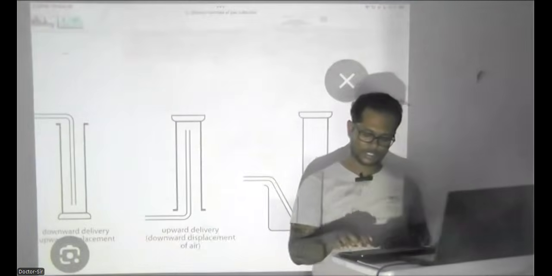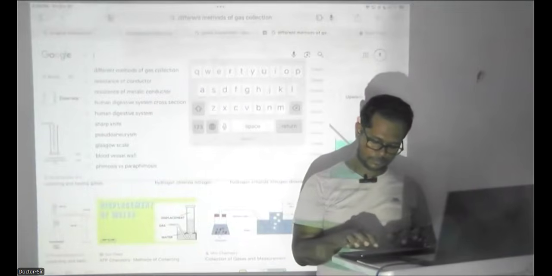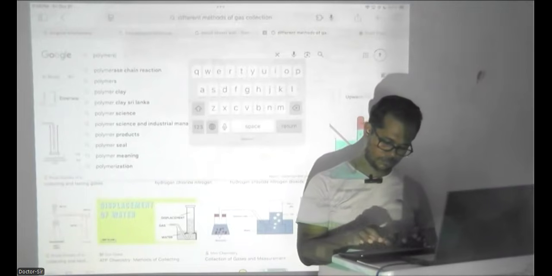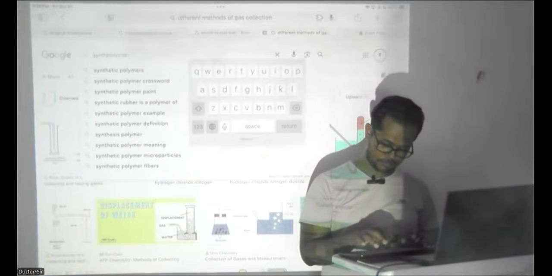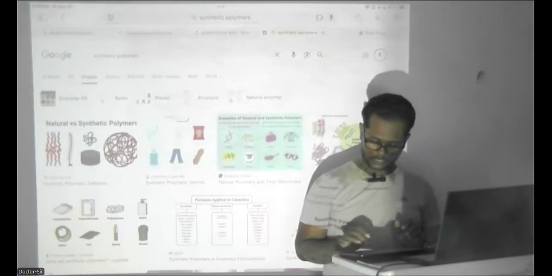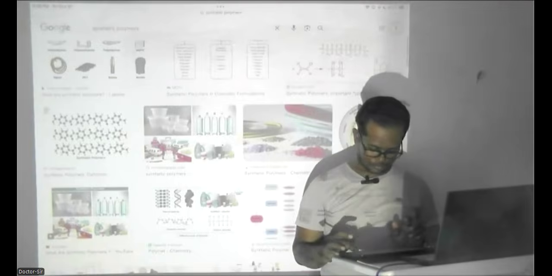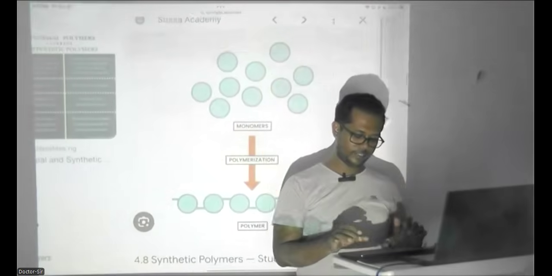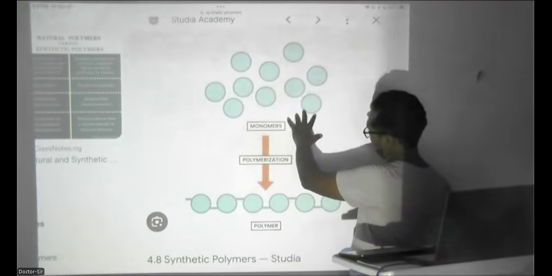So I will show the images of polymer. Now you can understand the concept here. These are the monomers, single units.